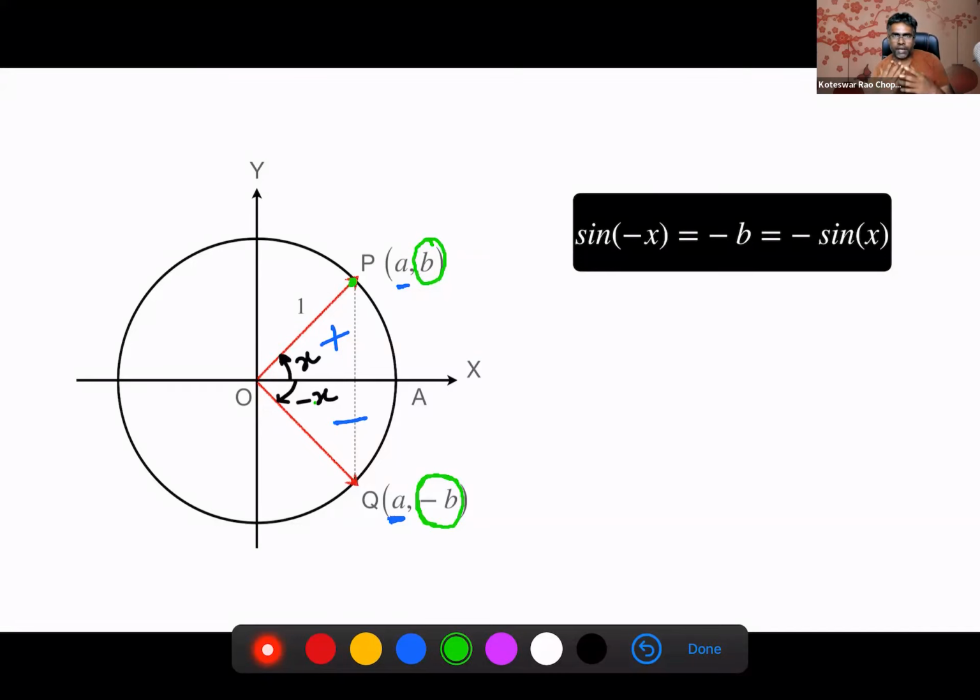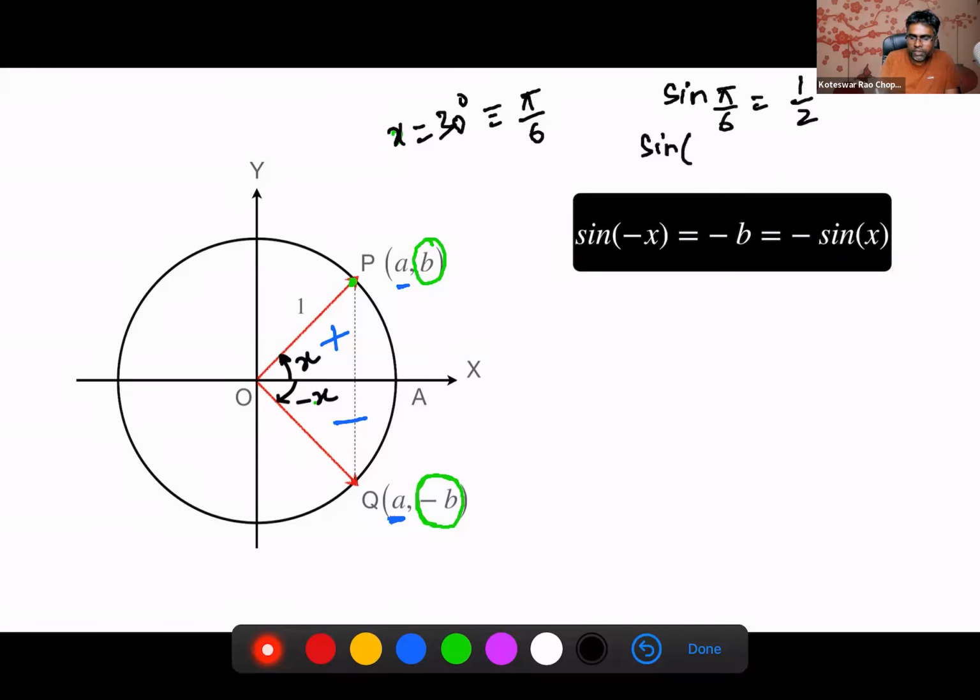So if your input is minus x, all you have to do is operate on x, but whatever value you get, you take minus of that. For example, if x is 30 degrees, which is equivalent to pi by 6, we know if you do sine pi by 6, you end up having half.